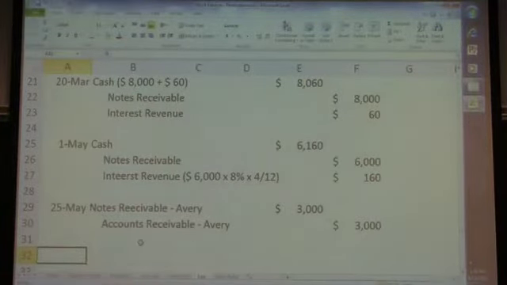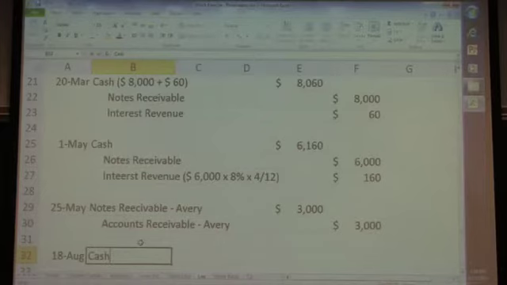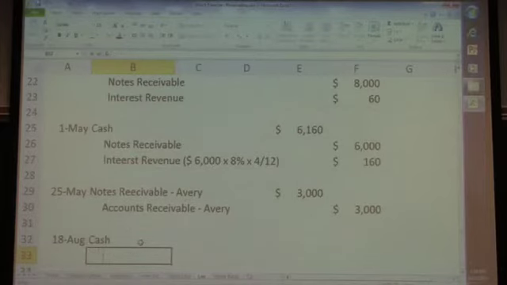So this is August the 18th. Again, you would debit cash because you'll be receiving cash, and the cash would consist of both the payment of the notes receivable and the interest.